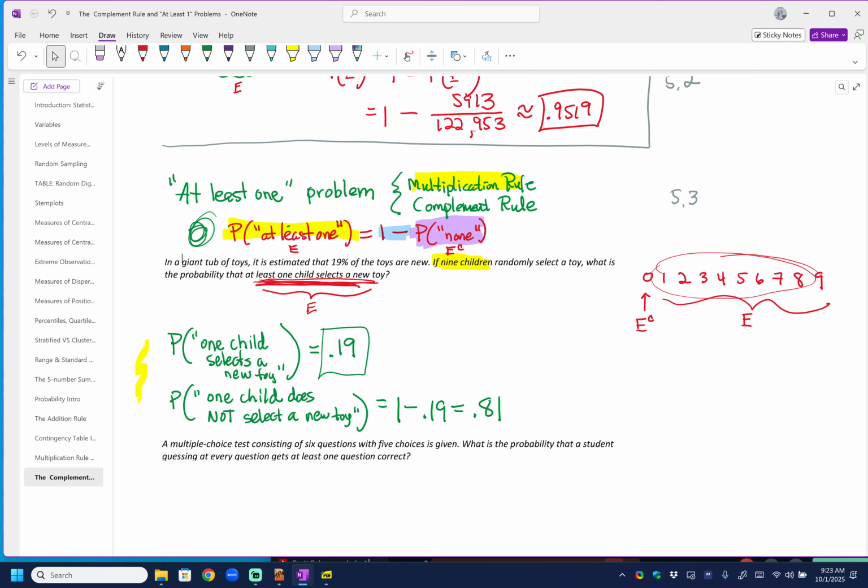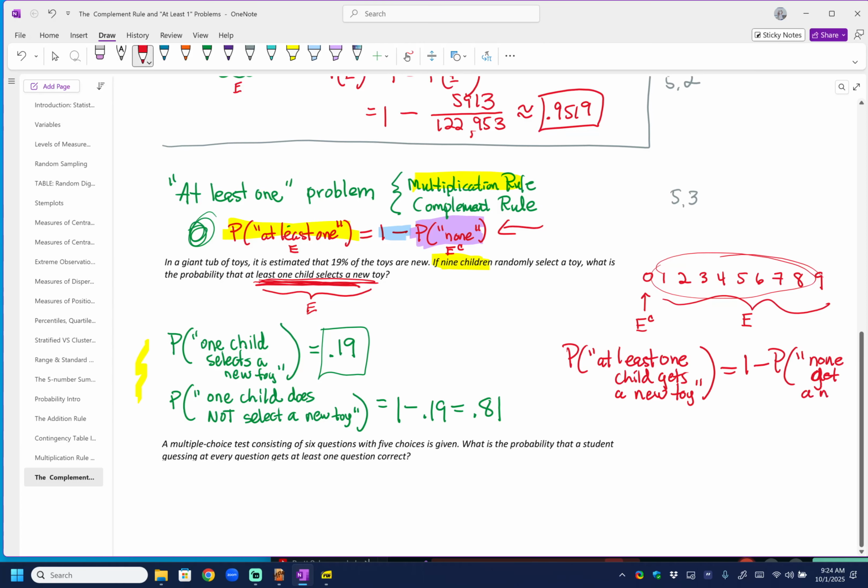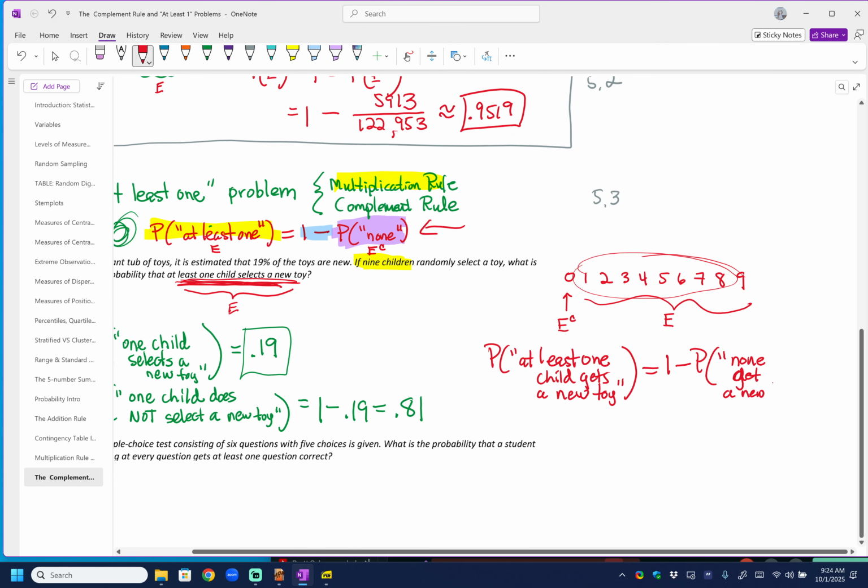Well, we've already determined that the probability that at least one child gets a new toy is equivalent to 1 minus the probability that none get a new toy. So if that's the case, then we need to find this.